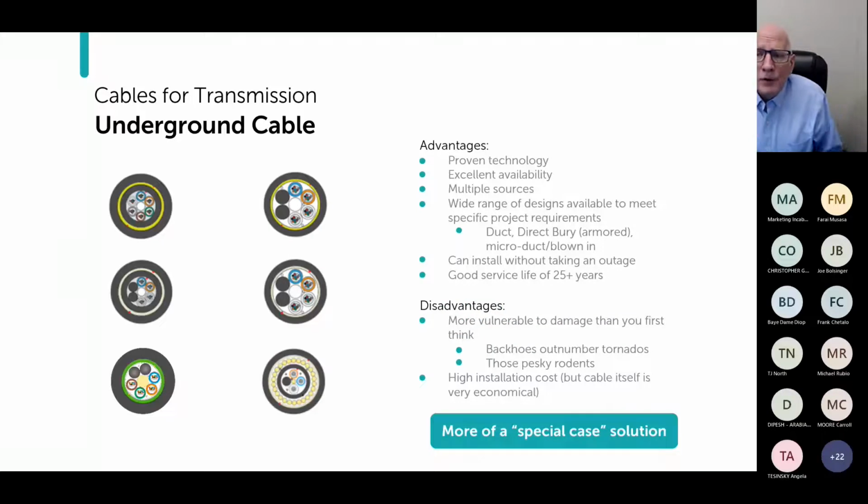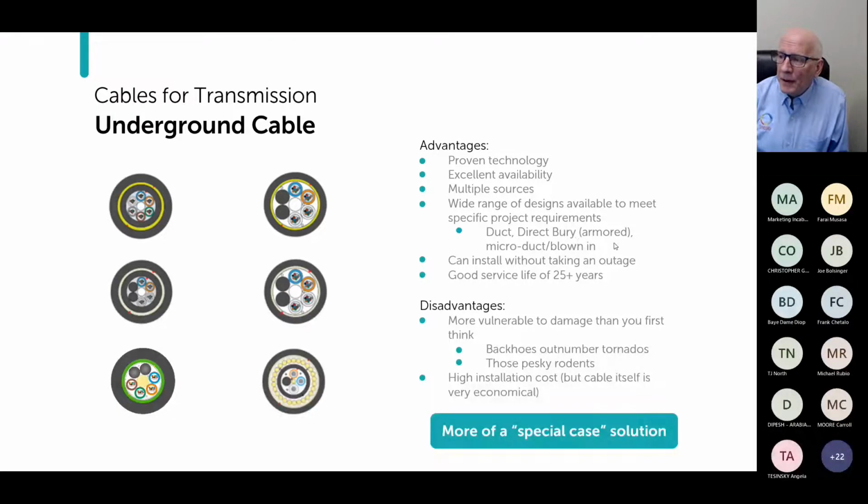So next up, underground cable. You know, these pictures here are going to look really similar to the ADSS cables. Basically, any kind of a duct cable can be used. You pick up a lot of advantages: the proven technology, availability, sourcing. You got a lot of designs available, to include direct buried cables that are armored.